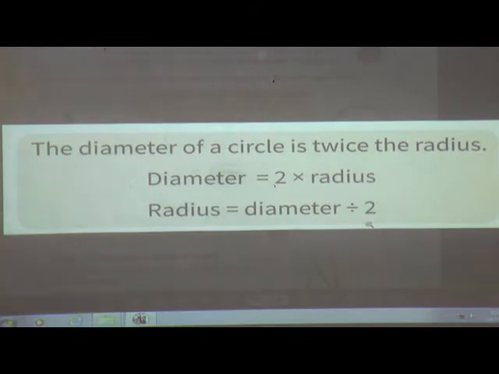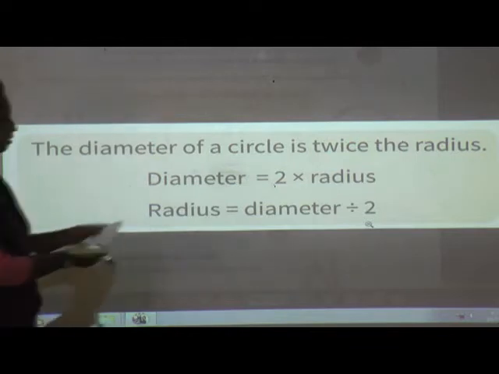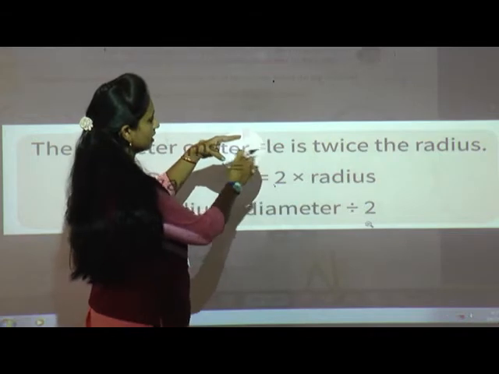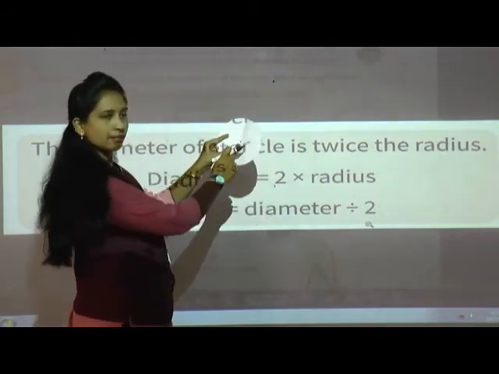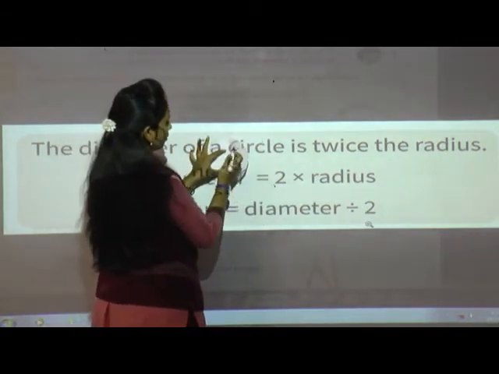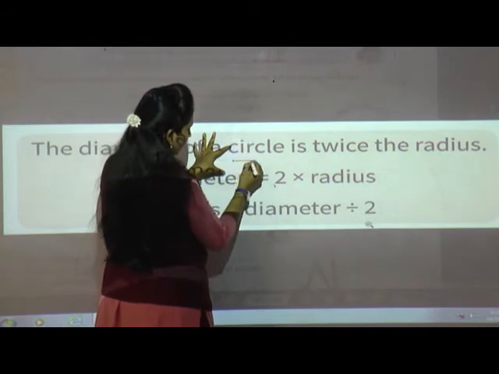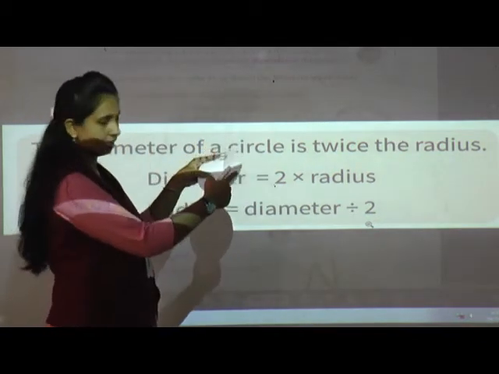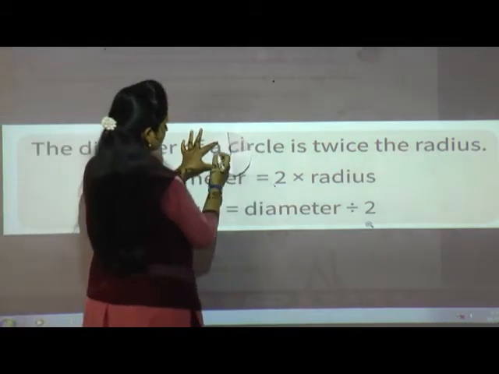The diameter of a circle is twice the radius. You can see with this circle also, students. This is a circle. Can you observe? As I said, this is the middle point, and from the middle point to the circle's end point, it's a radius, isn't it? And what is this?